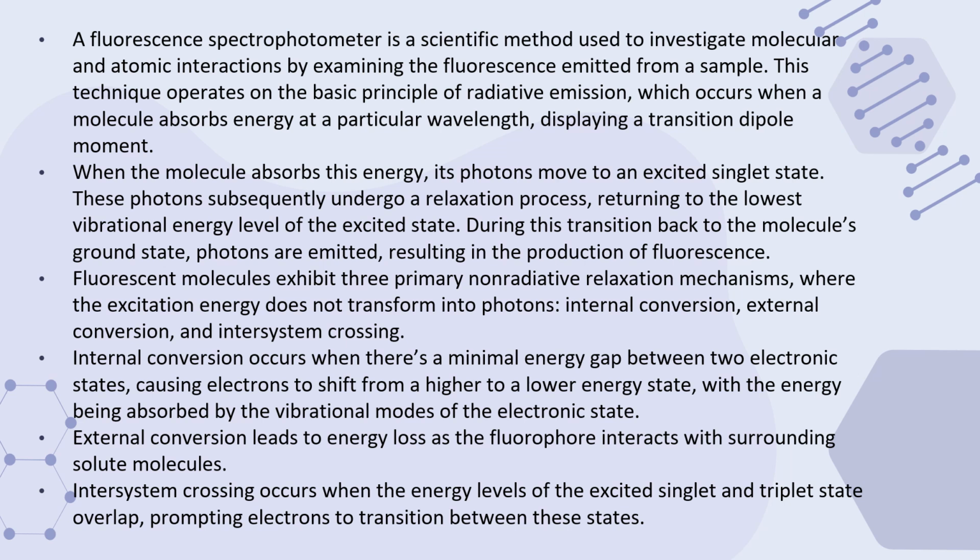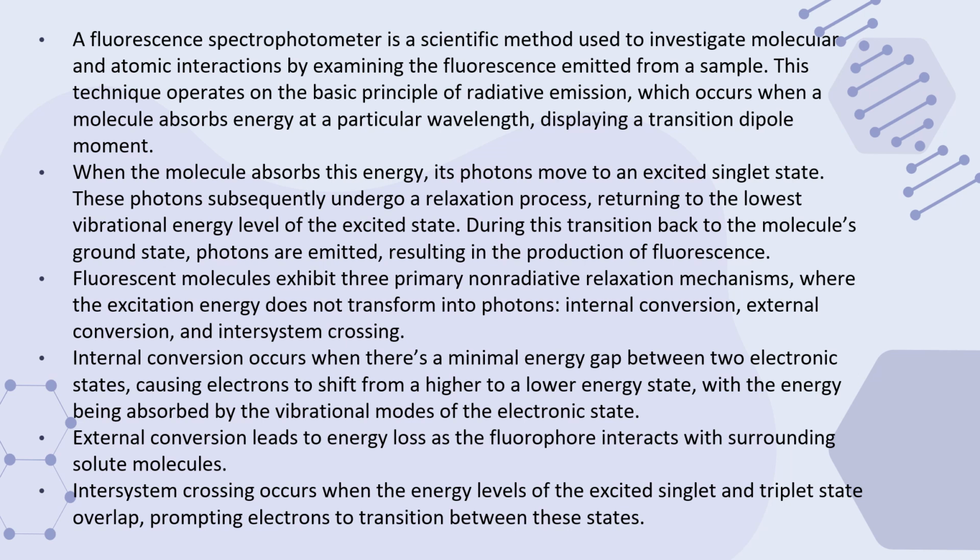When the molecule absorbs this energy, its electron moves to an excited singlet state. This electron subsequently undergoes a relaxation process, returning to the lowest vibrational energy level of the excited state. During this transition back to the ground state, photons are emitted, resulting in the production of fluorescence.